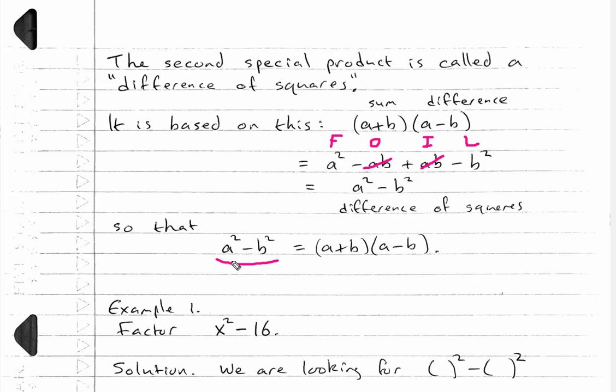It's not very obvious, but this does factor like this. So this is the next pattern to remember. Whenever you see the difference of two things squared, you should think of breaking it up like this.